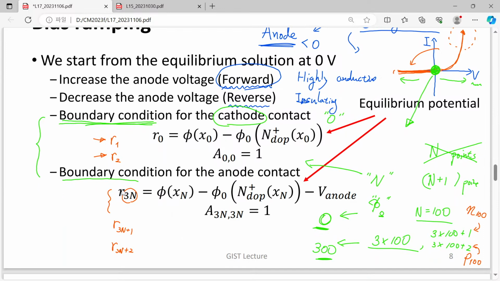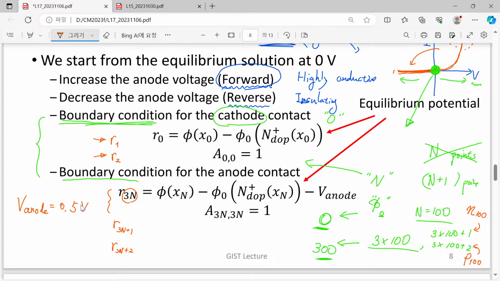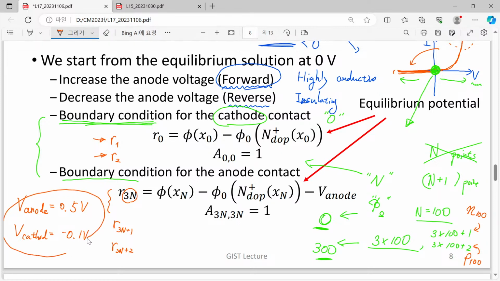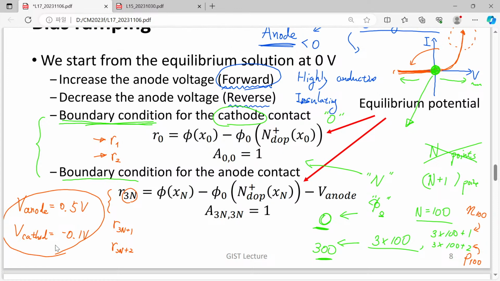I mean, let's consider this case. Your anode voltage equals 0.5 volt and your cathode voltage equals minus 0.1 volt. If we have to consider this non-equilibrium case, then there are only two places we must care about: this and that case.